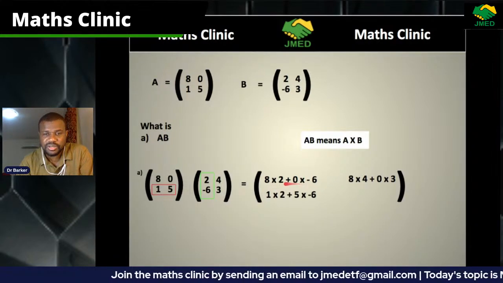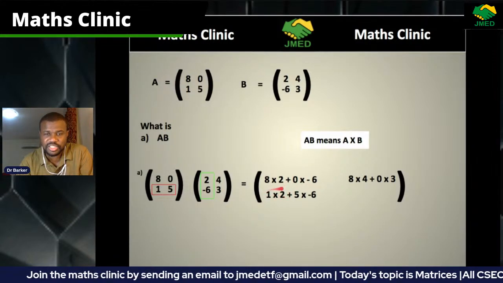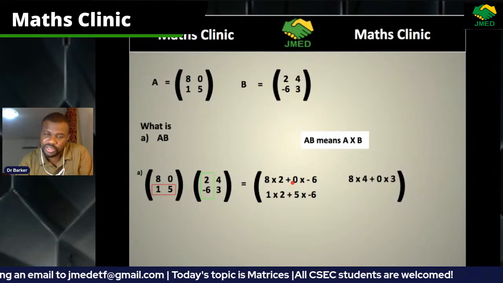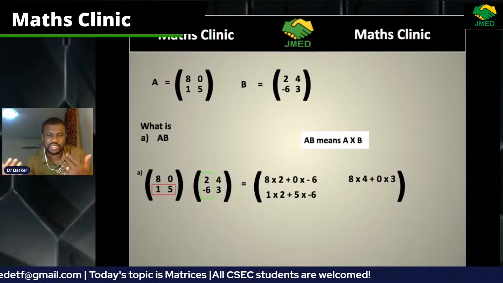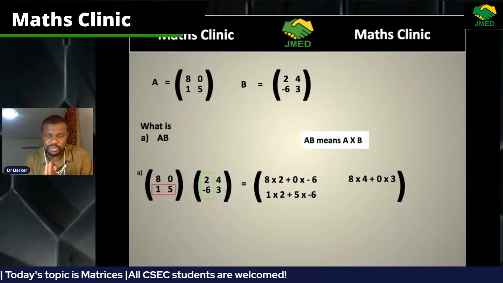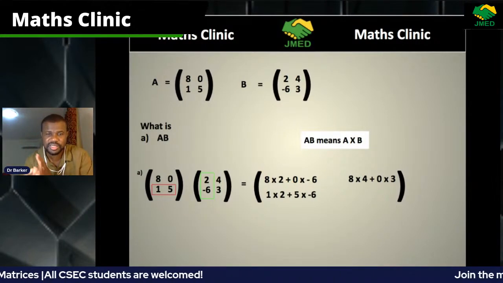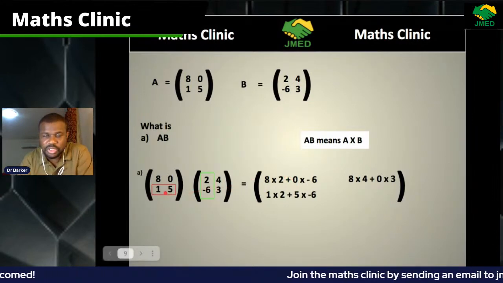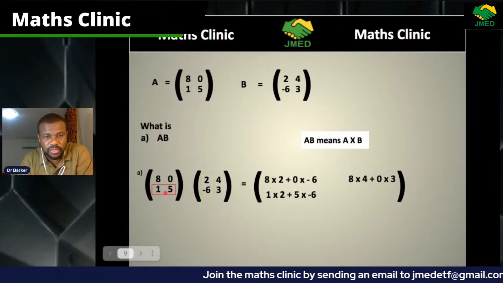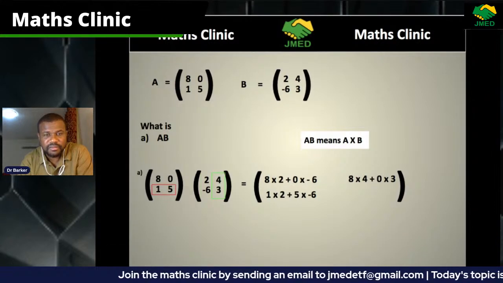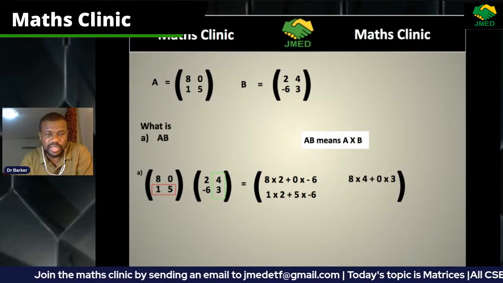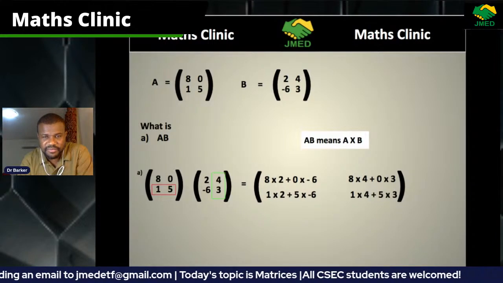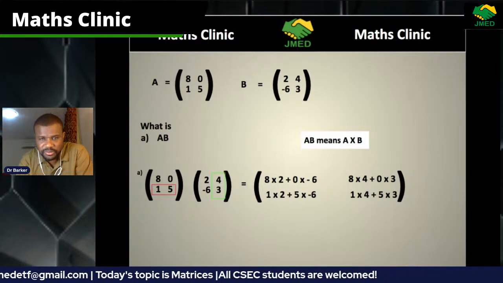Always times, always a plus. Nothing changes except the numbers. It's always times and a plus. So you don't have to think, is it a plus in between the numbers all the time? Yes. So you will only be multiplying in this way. And once you've done that row, that column, you do the same for the last column. So again, you'll get 1 times 4 and 5 times 3.